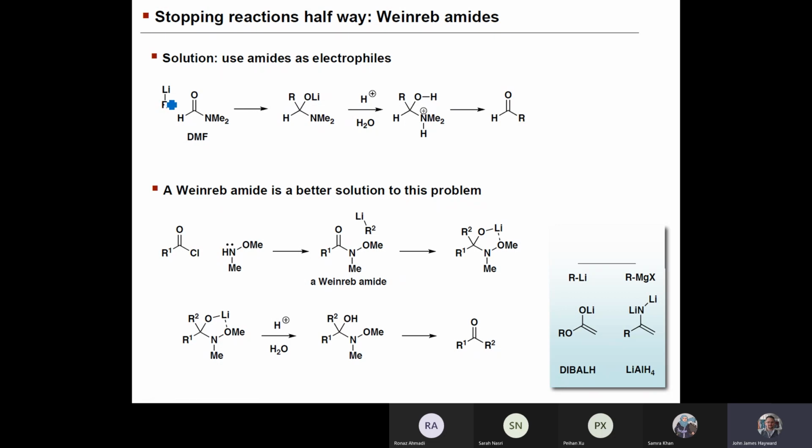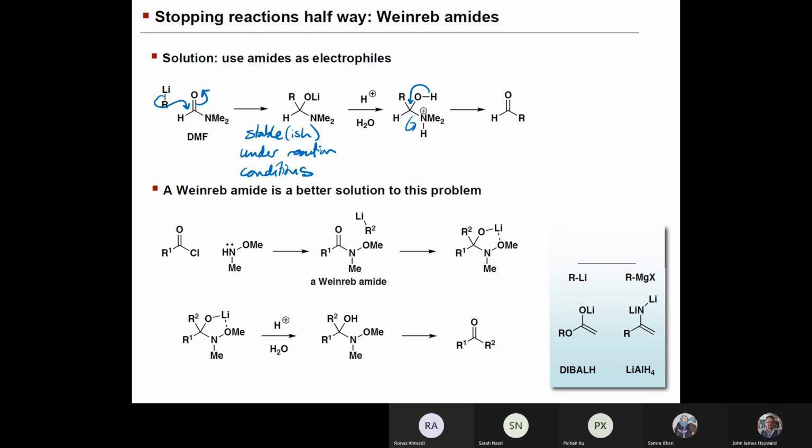So you take your alkyl lithium species, it reacts, and you generate the alkoxyamine, and this is typically stable-ish under reaction conditions. Upon acidic workup, you get protonation of your alkoxide and protonation of your amine, and then you lose the dimethylamine to give your aldehyde. Great.